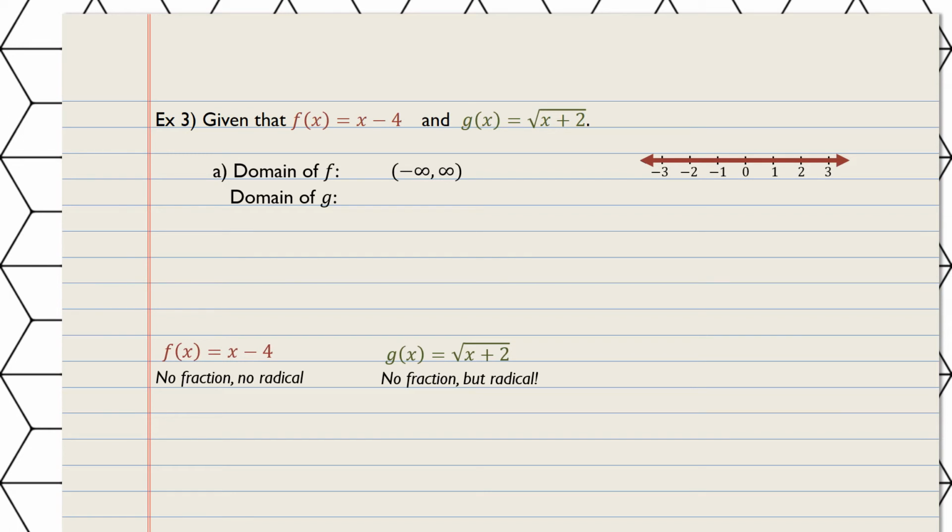When you have a radical, the radicand must be greater than or equal to 0, which in this case would be x plus 2 must be greater than or equal to 0. Now we must solve for x, which means we must subtract 2 on both sides, which gives us x has to be greater than or equal to negative 2.